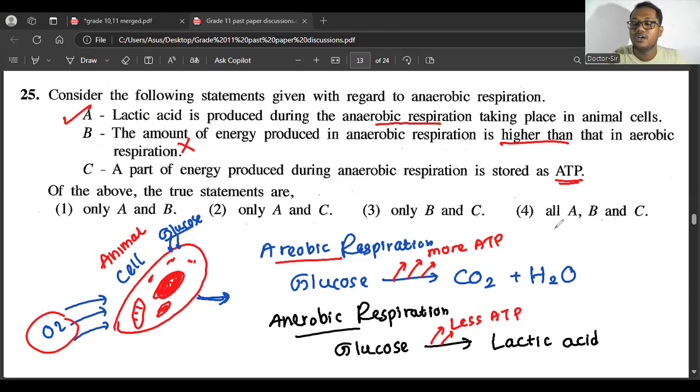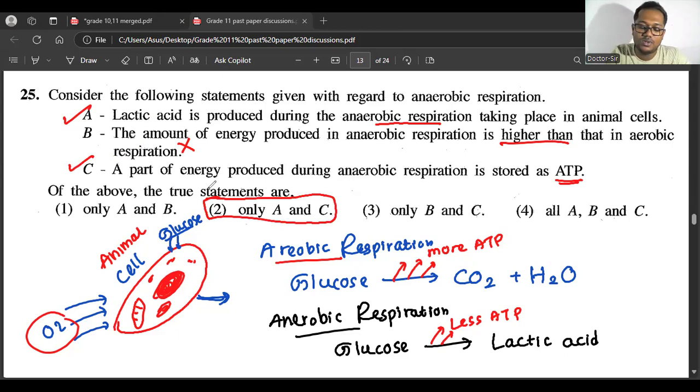Yes, this is the form of energy we are storing in our body, adenosine triphosphate. So we can take it as a correct one. So A and C are the only correct answers, and the other answers are wrong. So answer 2 is the suitable answer for this question.